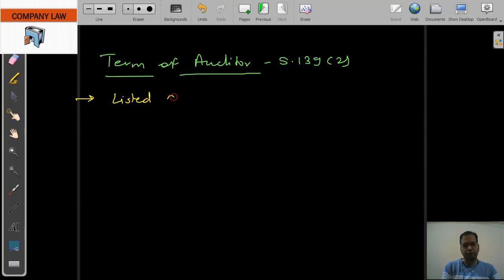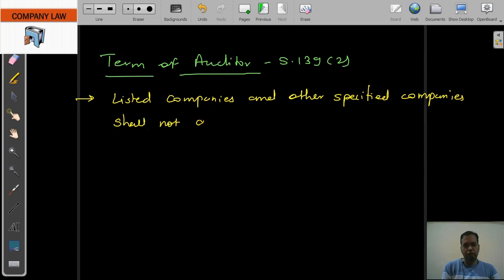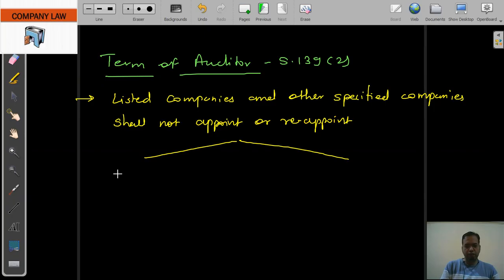So it says that listed companies and other specified companies shall not appoint or reappoint.